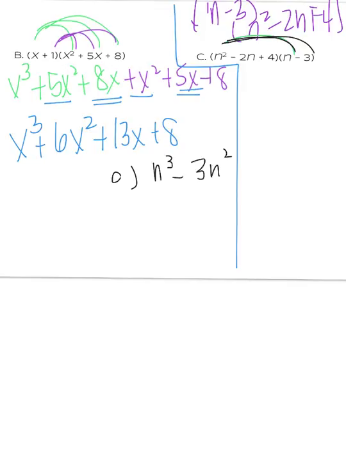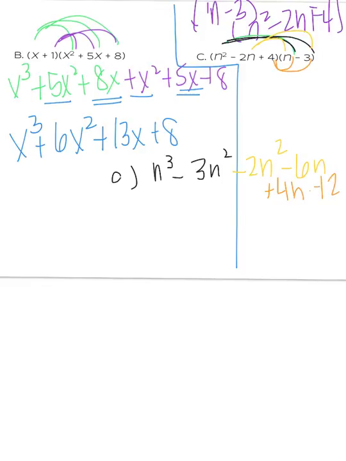Then I'm going to distribute negative 2n to everything, so I get negative 2n squared, and then negative 2n times negative 3, which is negative 6n. And then finally, I also need to distribute this 4 to everything, so I get plus 4n. I'm running out of room again, so I'm just going to make sure you can see it. And then 4 times negative 3, which is negative 12.